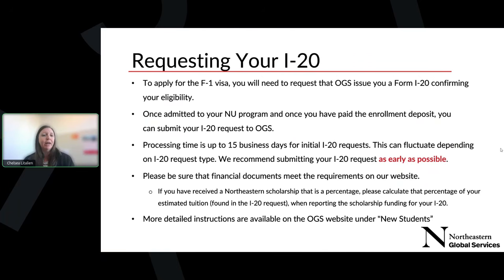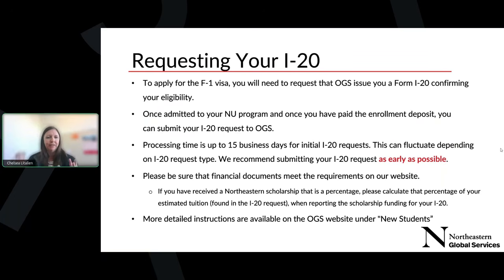If you do have scholarships, especially ones that are issued by Northeastern, take a look at that scholarship letter. It's probably going to be a percentage of your total tuition. And so when you're submitting that I-20 request to us, if you're using a Northeastern scholarship that's a percentage amount, you'll want to take that percentage of the estimated tuition on the e-form and put that number in.